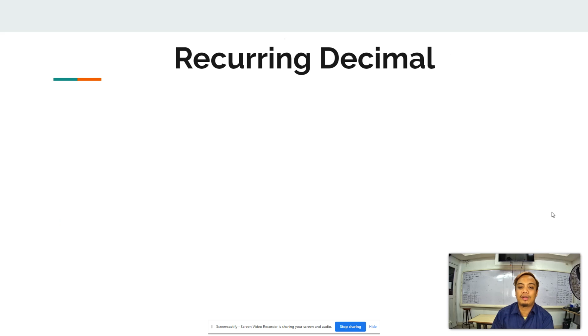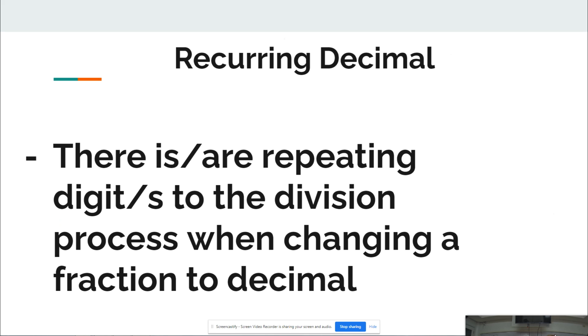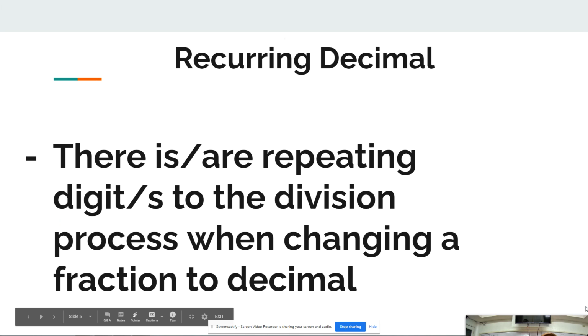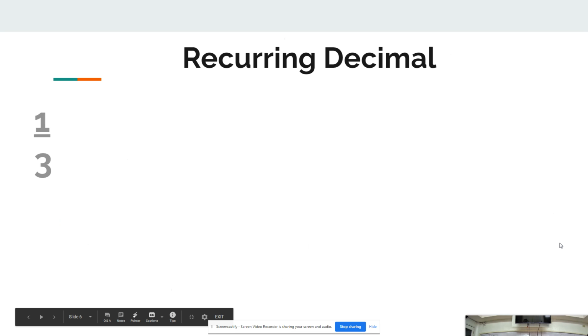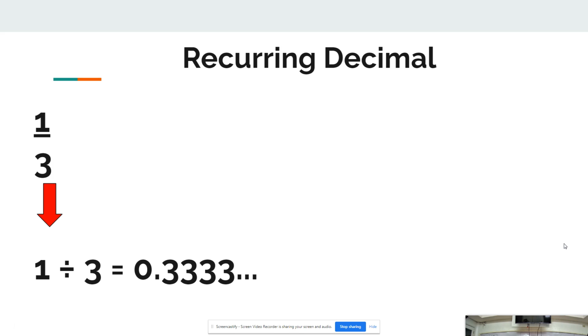When we are talking about recurring decimal, there is or are repeating digits in the division process when changing a fraction to a decimal. Let's say we have 1 over 3. When we change this into a decimal, it's 1 divided by 3.